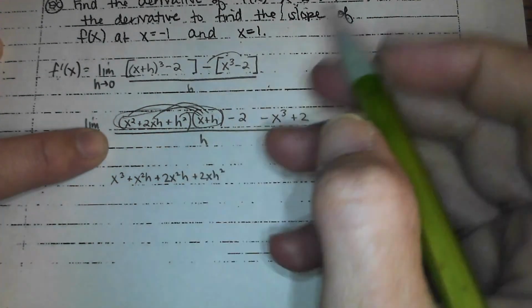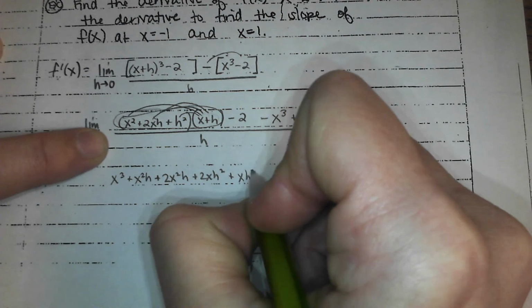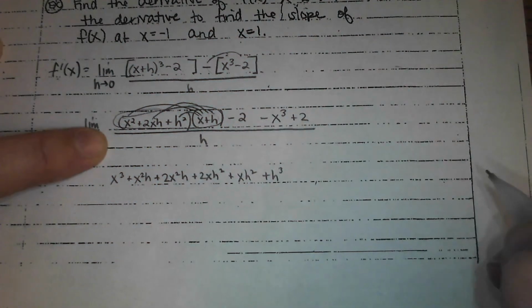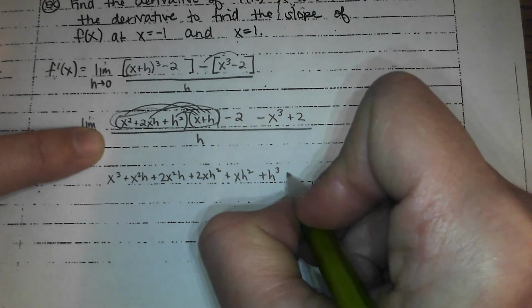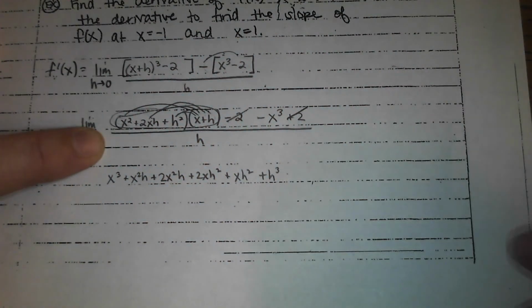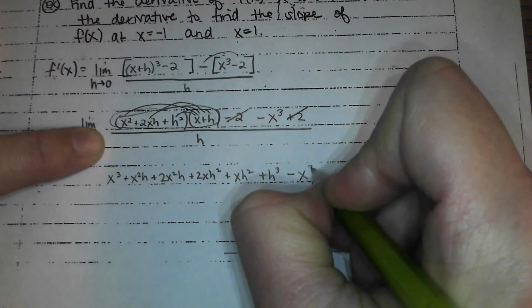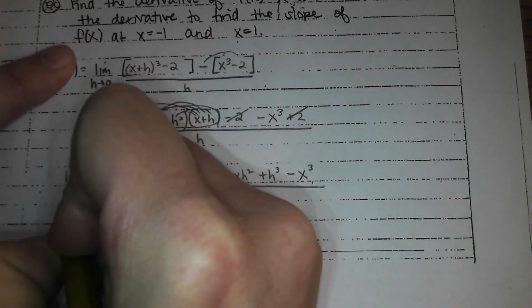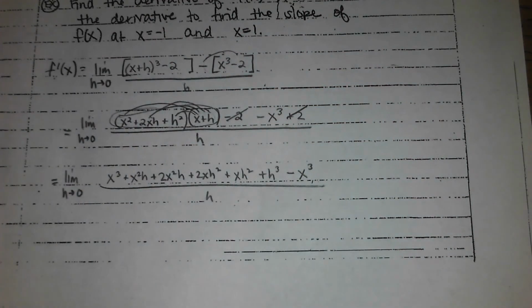Then distribute your h squared plus h cubed. Well, at the time, we can at least get rid of the minus 2 plus 2. Minus x cubed, all over h. Limit stays out in front just for accuracy reasons.